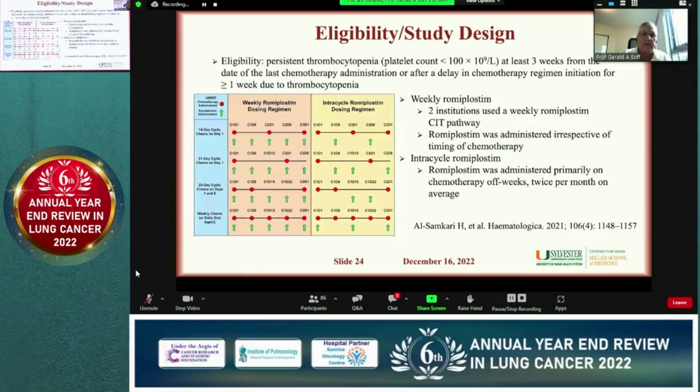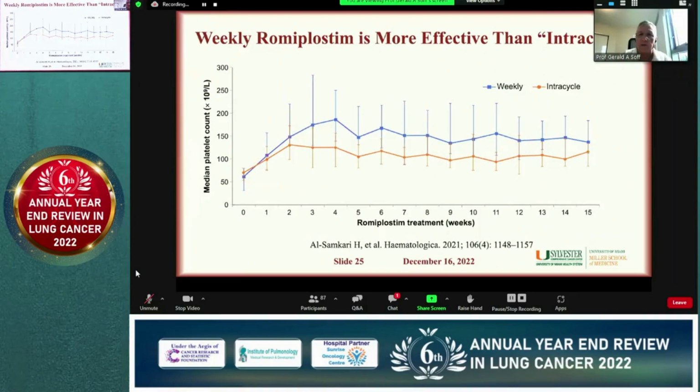And here's the regimen that I'm not going to walk through here, but patients got weekly dosing like I did, or intracycle, less frequent dosing, shown here. And you can see, as you would expect, that the weekly dosing was more effective than the intracycle because the patients are simply getting more frequent doses.